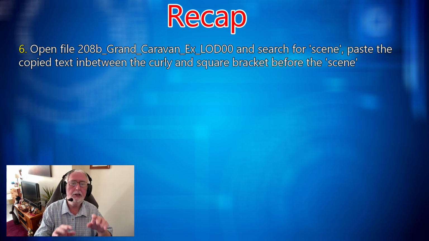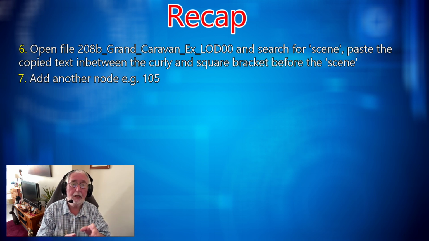Go into there, search for the scene, then you want to paste that statement in between the curly bracket and the square bracket that's in front of scenes. Then once you've done that, go to the nodes, look for the highest node, which in our case was 104, and then you want to add another node.